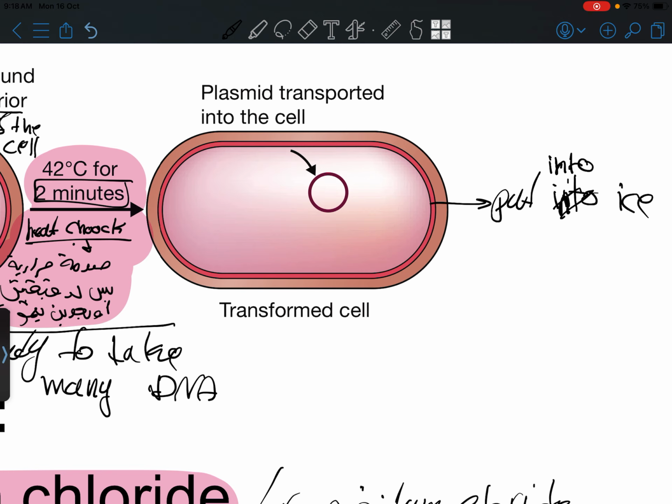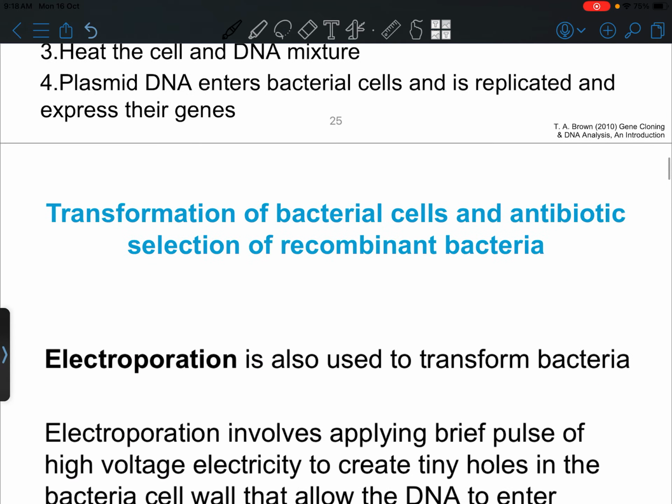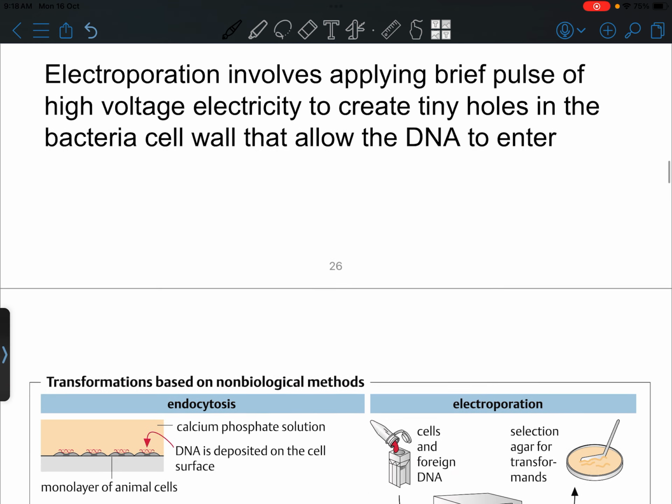And then you take this bacteria and put it on top of a medium plate to allow it to grow, to allow it to divide, and to allow the bacteria to replicate your plasmid. Okay?